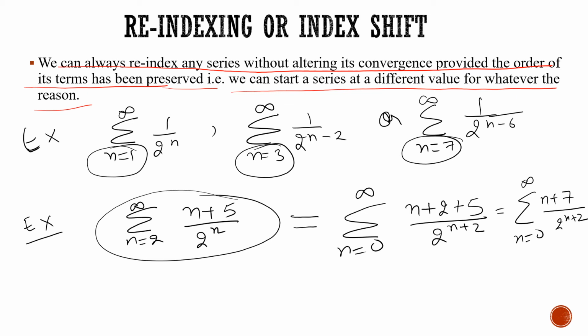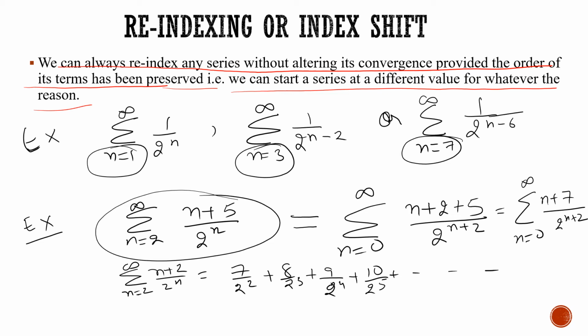So if I open the first one, from n is equal to 2 to infinity, I will get this. And if I open up the second one, which I started from n is equal to 0, you will get the same series.